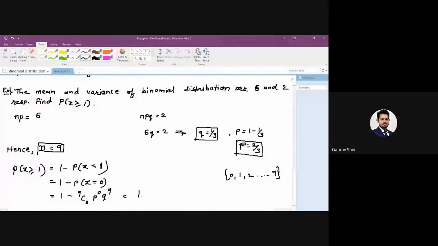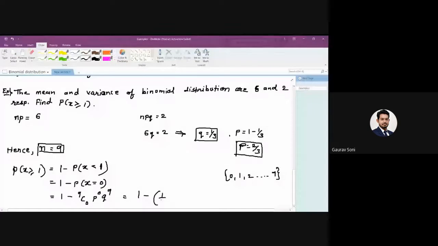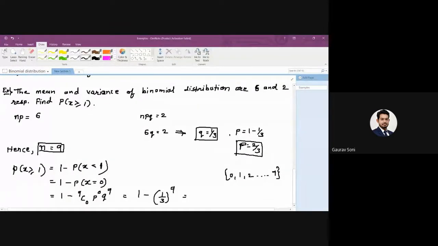So this is 1 minus 9c0, which is simply 1, times q, which is 1 by 3, raised to 9. What is the answer? Sir, 0.99.